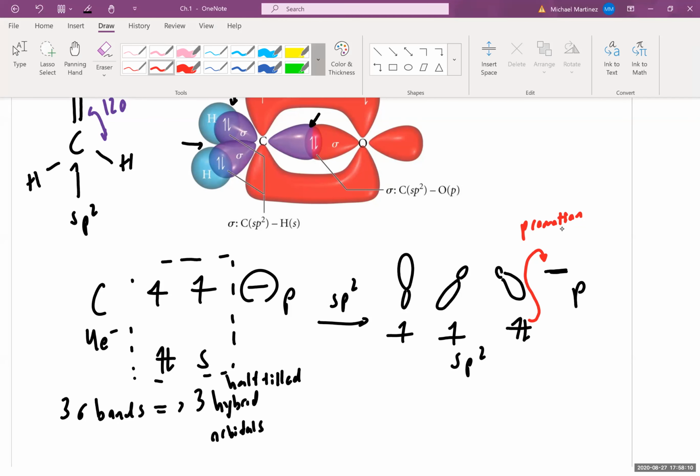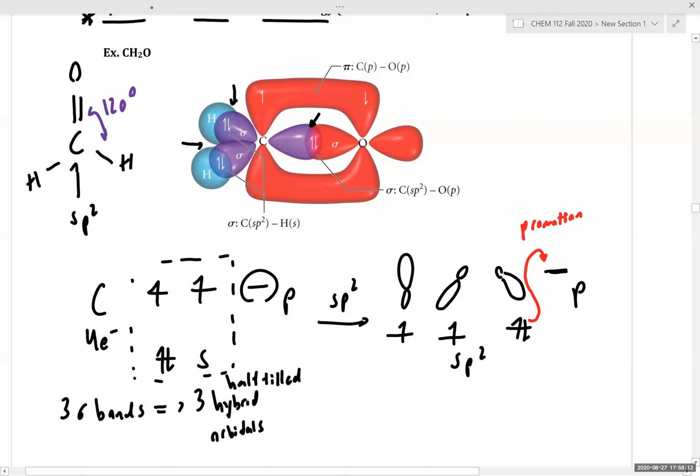Now you may say, doesn't this have an energetic cost? Well, yes, but at the same time, by generating these half-filled p and hybrid orbitals, we're able to form low energy bonds.